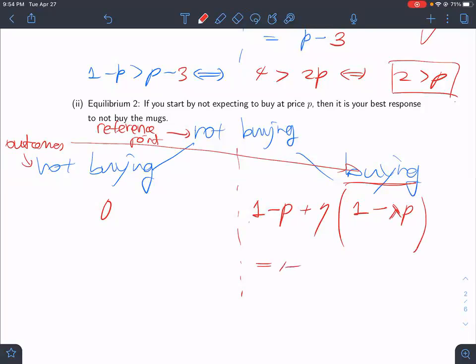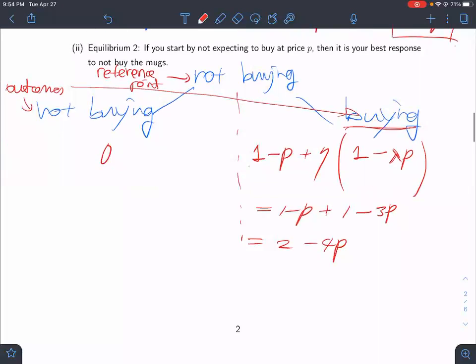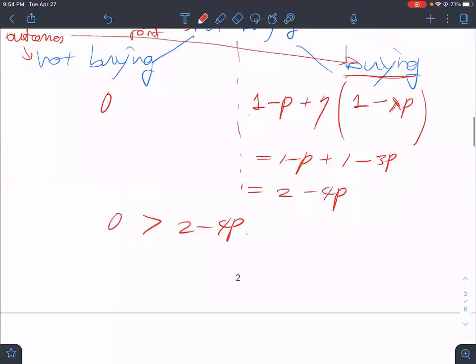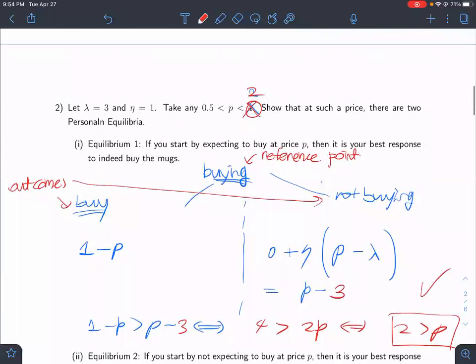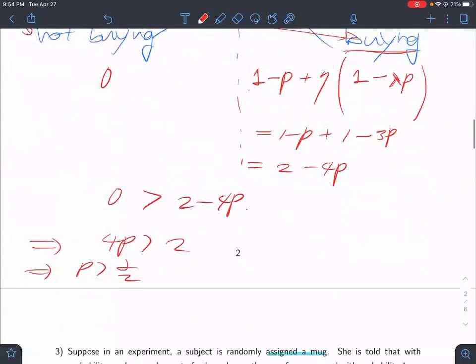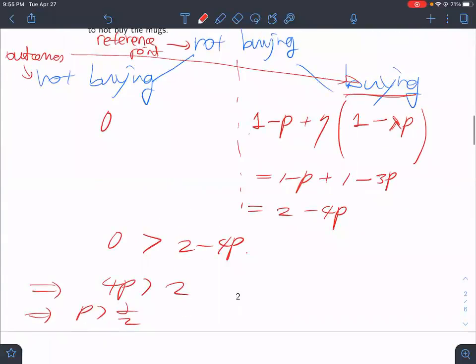So this is 1 minus P plus 1 minus 3P, which is 2 minus 4P. So 0 should be larger than 2 minus 4P. So this is 4P being greater than 2. So P should be greater than 1/2. So it satisfies our inequality. Done.